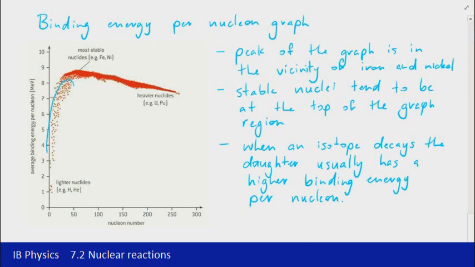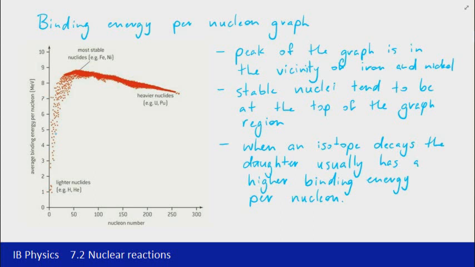If we're looking at some of these smaller nuclei, it's not quite as clear-cut, given that there are quite a lot in here that are stable. So the stability of the smaller nuclei is a little bit harder to determine, given that the strong nuclear force and the electrostatic repulsion behave slightly differently because the nucleus is so small.